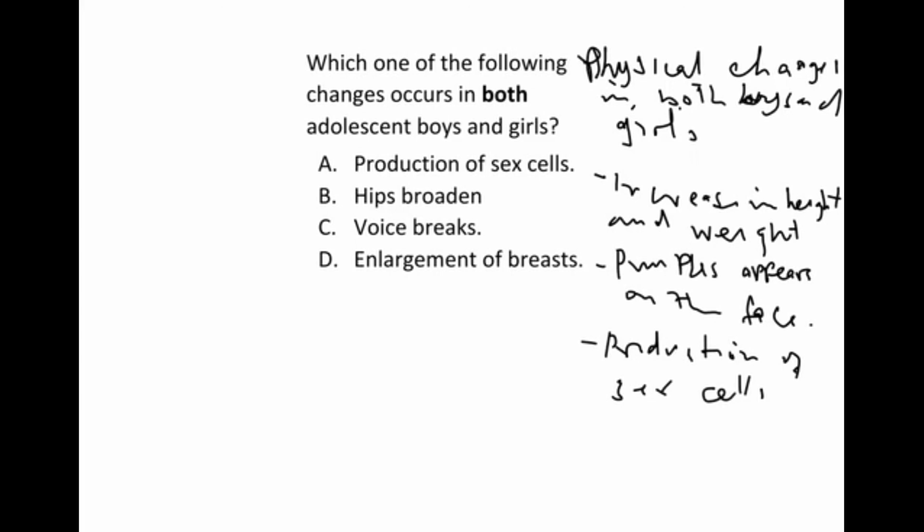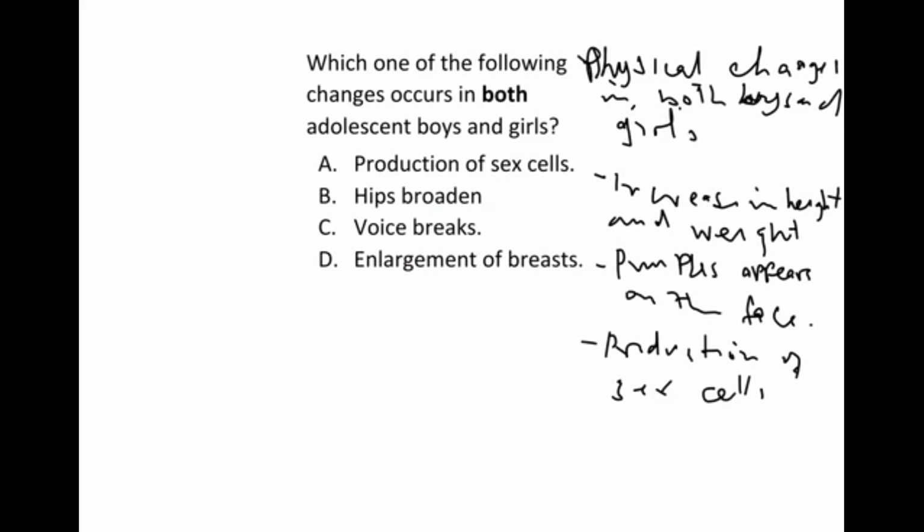So from that we go to our choices to look for which one has physical changes for both boys and girls. We talk of production of the sex cells, hips broaden, voice breaks, and enlargement of the breast. Some of them apply to boys only, like voice breaks. But hips broadening and enlargement of the breast occur to girls only.